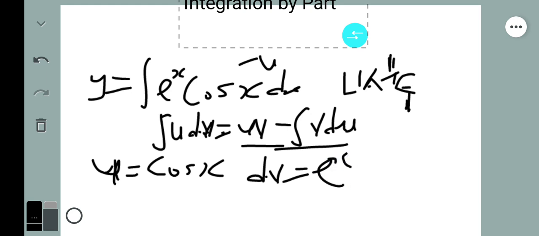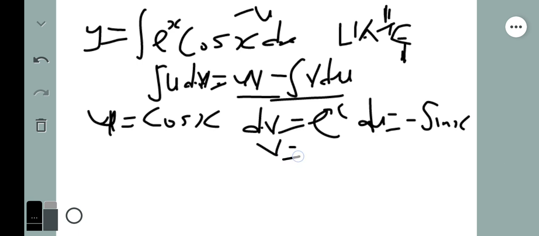That means our du will be equal to minus sine x dx, and our v, which is the integration of dv, will still give us exponential x.